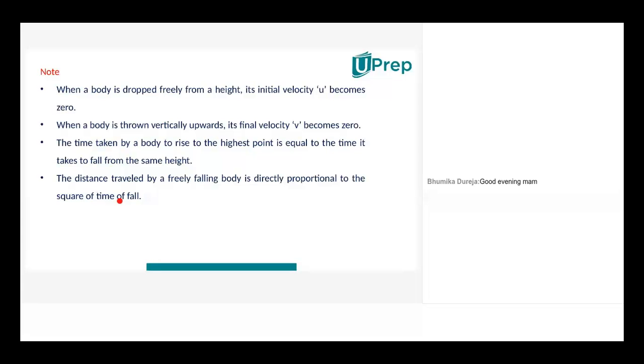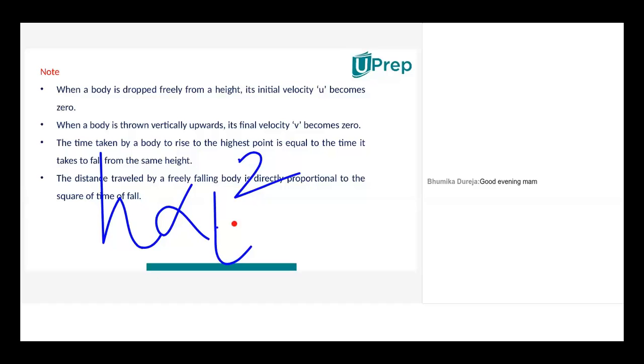Time of descent means time to come down. So for a freely falling object, time of ascent is equal to time of descent. And the distance traveled by a freely falling body is directly proportional to the square of the time of fall. h is directly proportional to the square of the time taken to fall.